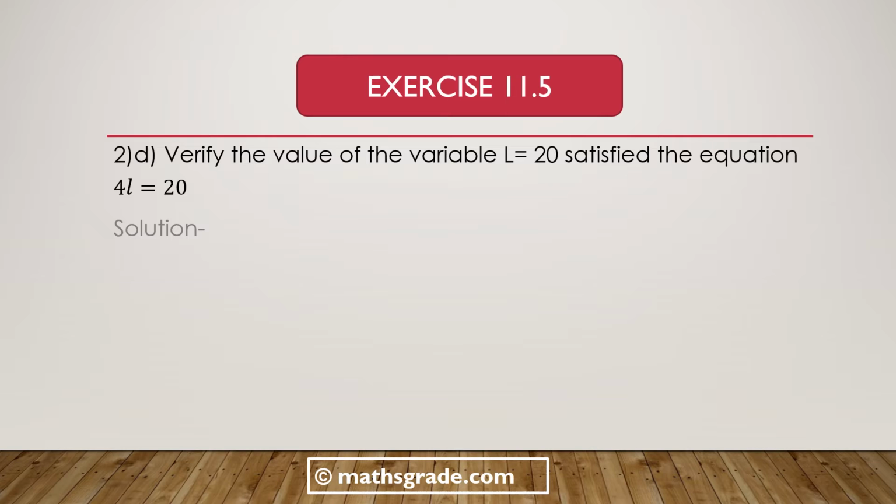Now D bit. Verify whether the value of the variable L equal to 20 satisfies the equation 4L equal to 20 or not. Substituting L equal to 20 in the left hand side, we get 4L. 4 multiplied with 20 is 80, and 80 is not equal to 20.